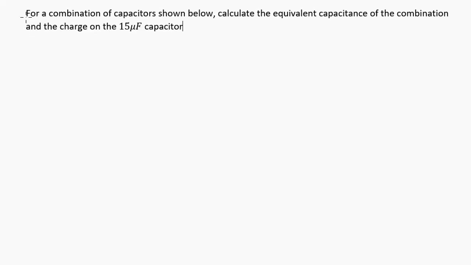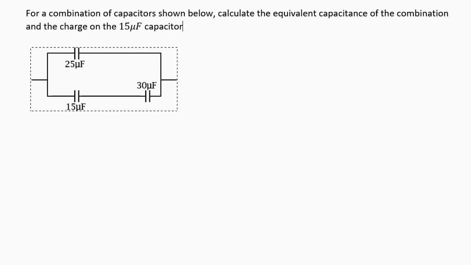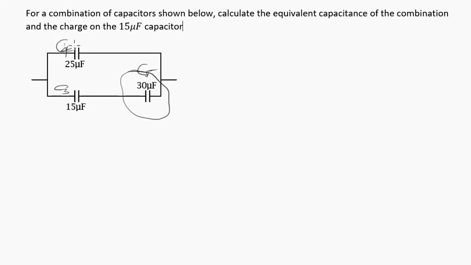For us to get the charge on the 15 microfarad capacitor, we have to understand the connections first. If we go back to the diagram again, we already combined C1 and C2 to give us C5. So here is C5, and remember here is C3, and here is C4.